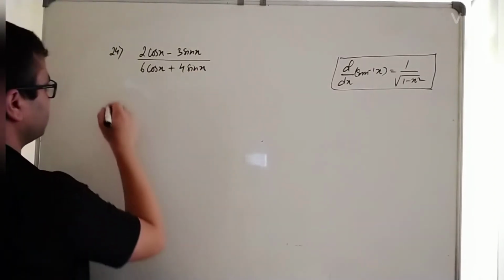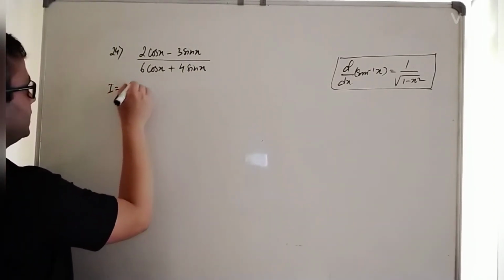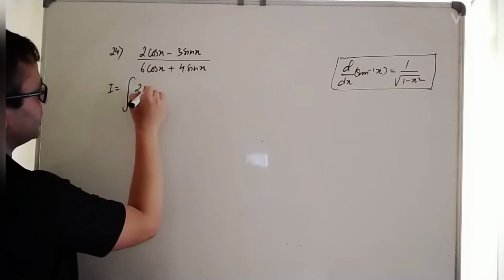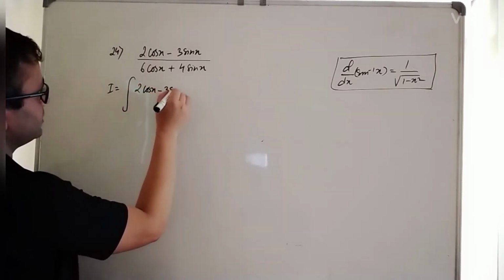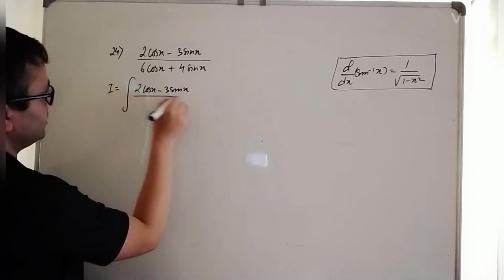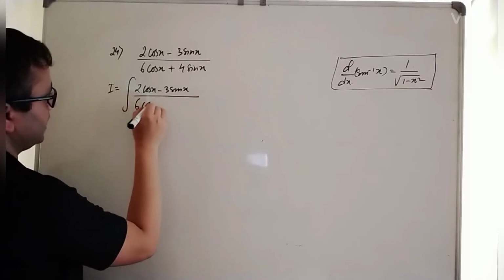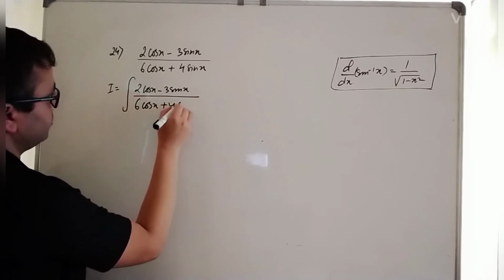Now integration first. I equals integration of 2 cos x minus 3 sin x divided by 6 cos x plus 4 sin x.